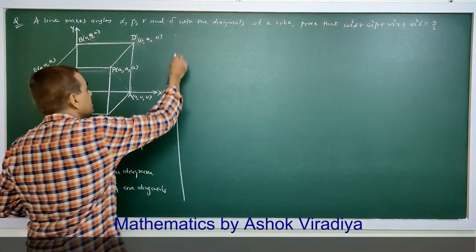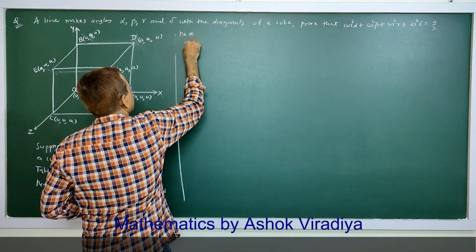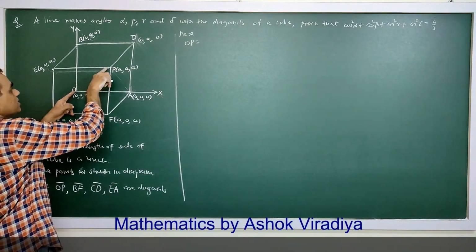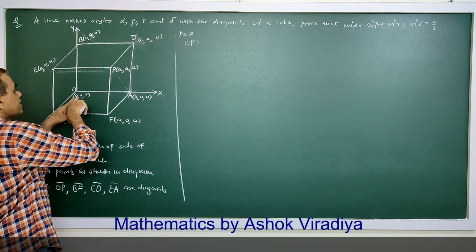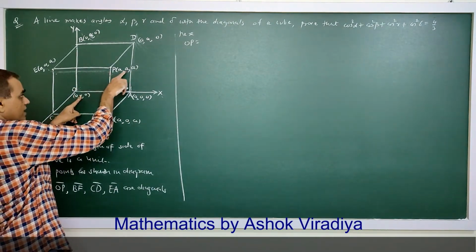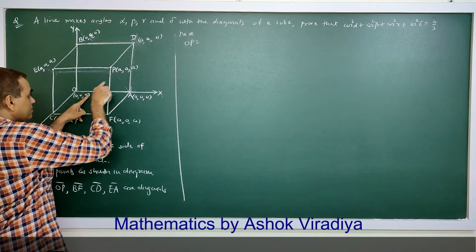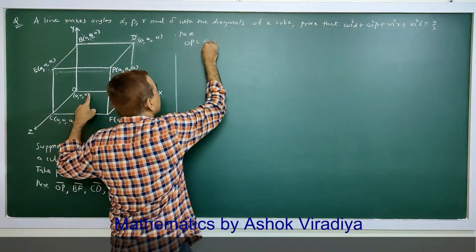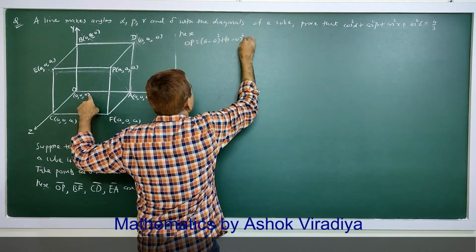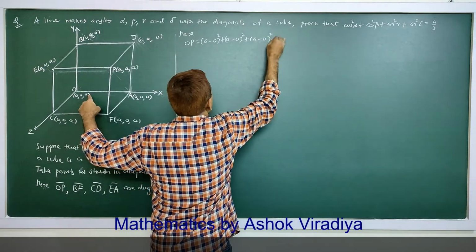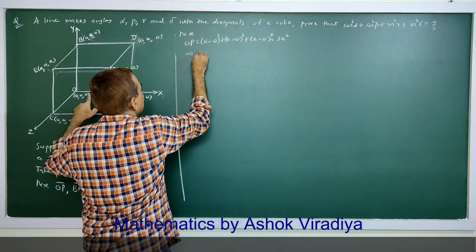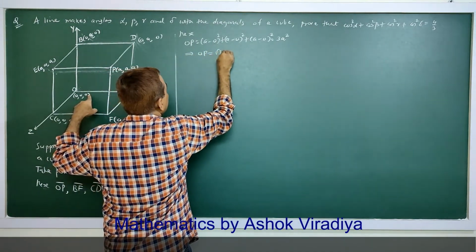By distance formula, length OP, or we can say magnitude of vector OP, is the square root of (x1 minus x2) whole square plus (y1 minus y2) whole square plus (z1 minus z2) whole square. So this is 3a square. Therefore length OP is root 3 into a.